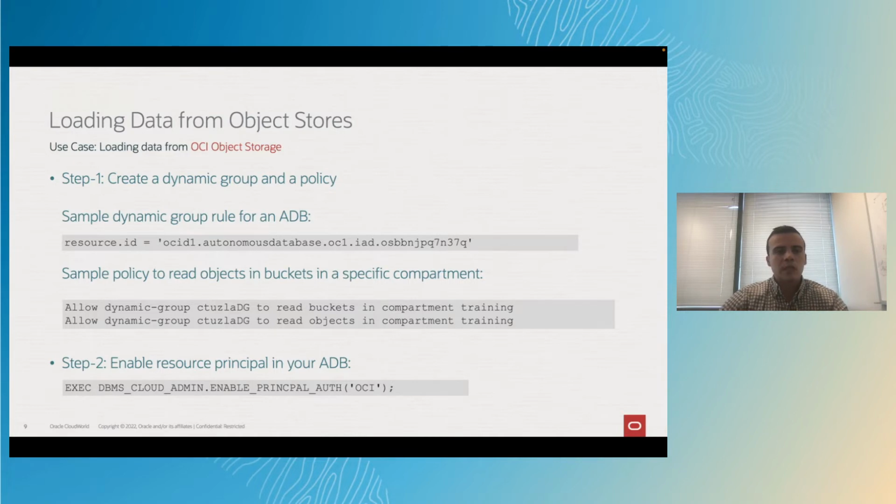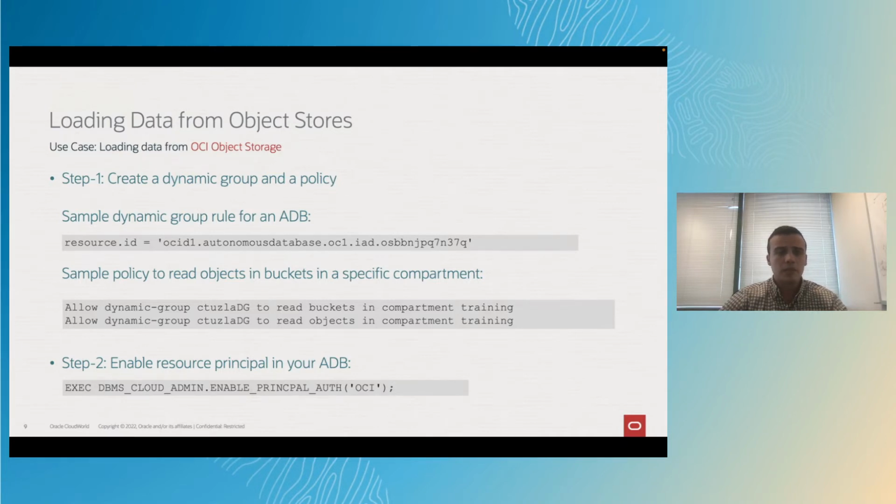The second part is the policy. As you can see here, I'm defining two policies that will allow this dynamic group to access the buckets and objects in this specific compartment called training.